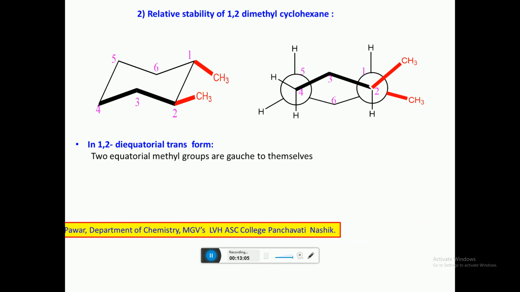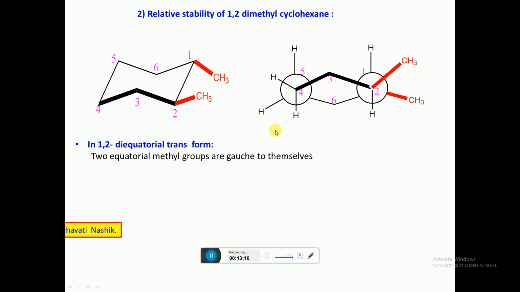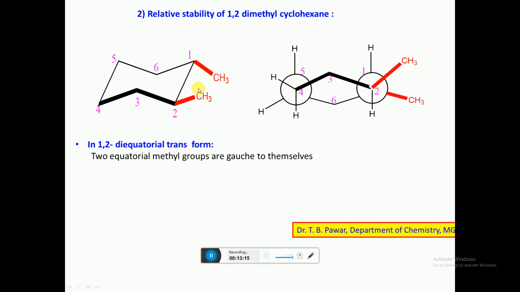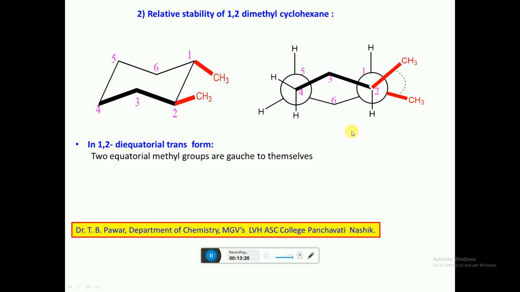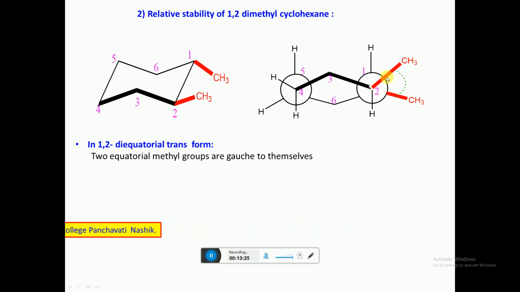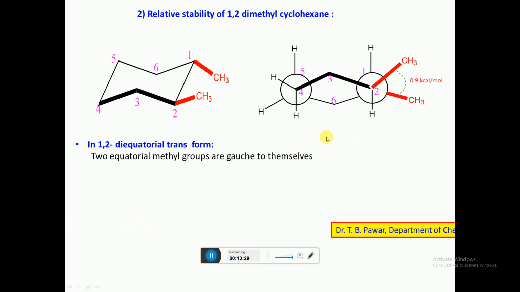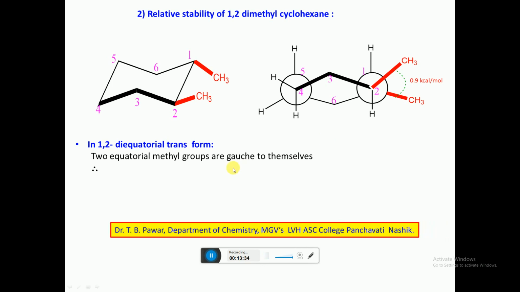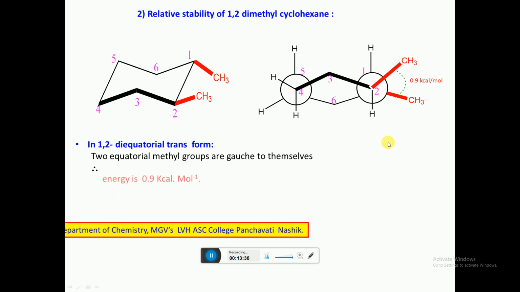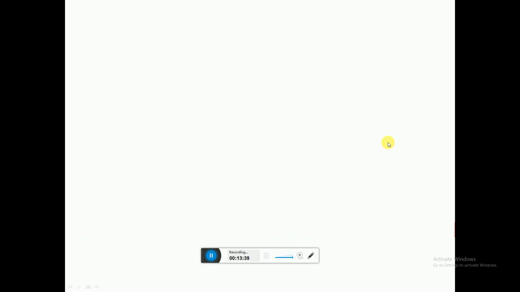Both methyl groups are in the equatorial position and they are in the trans form. In a Newman projection like this, there is only one gauche interaction. Because of these two equatorial methyl groups, they produce one gauche interaction, and one gauche interaction is 0.9 kilocalorie per mole. So the energy of the equatorial trans isomer is 0.9 kilocalorie per mole.